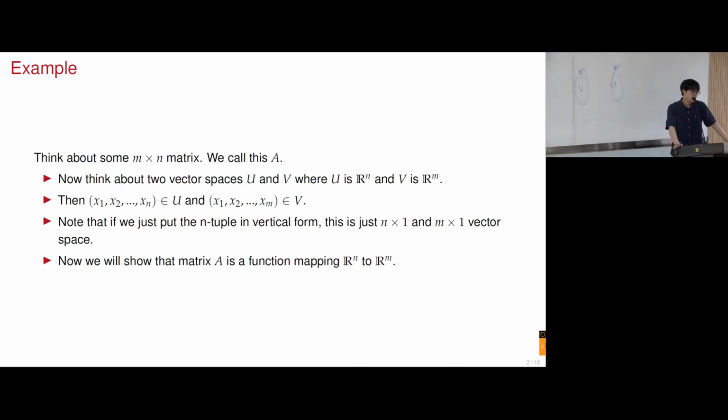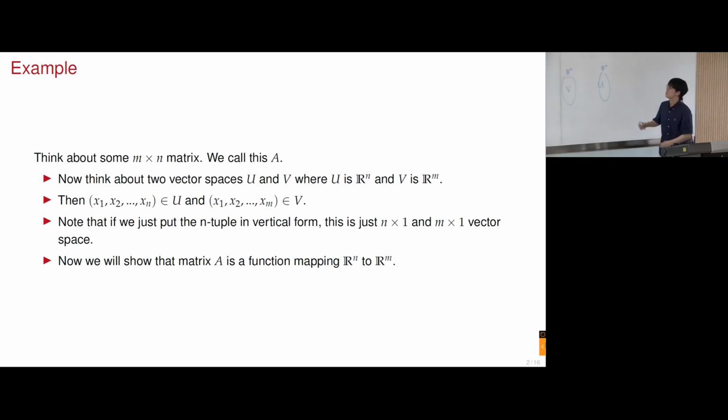So in this case, x1 to xn is an element of U, and x1 to xm is an element of V. And note that if we put the n-tuples in a vertical form, it's, as I said, n by 1 vector spaces, right? We're going to show that the matrix A is just a function mapping Rn to Rm.